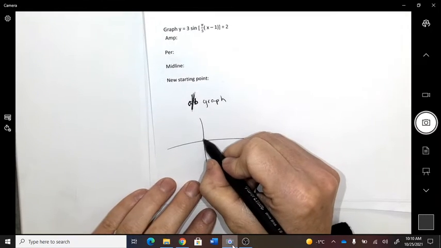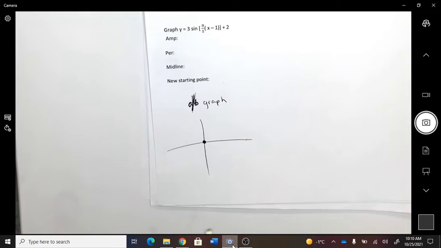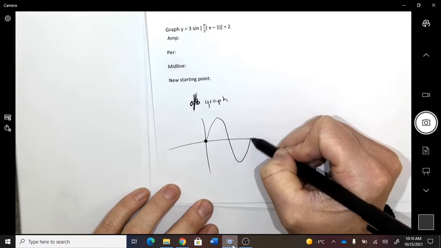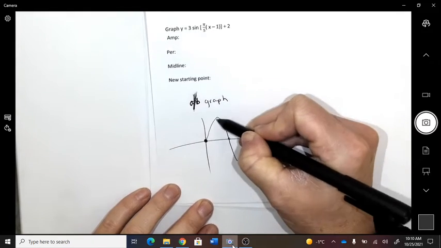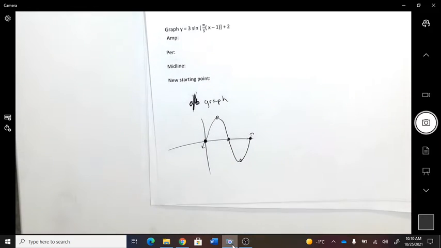So I'm going to start it here, heading upward. Unless sometimes there's a negative. Can you think about that negative, and then you have to start differently, right? So here's the sine curve. I'm going to draw at least one cycle.